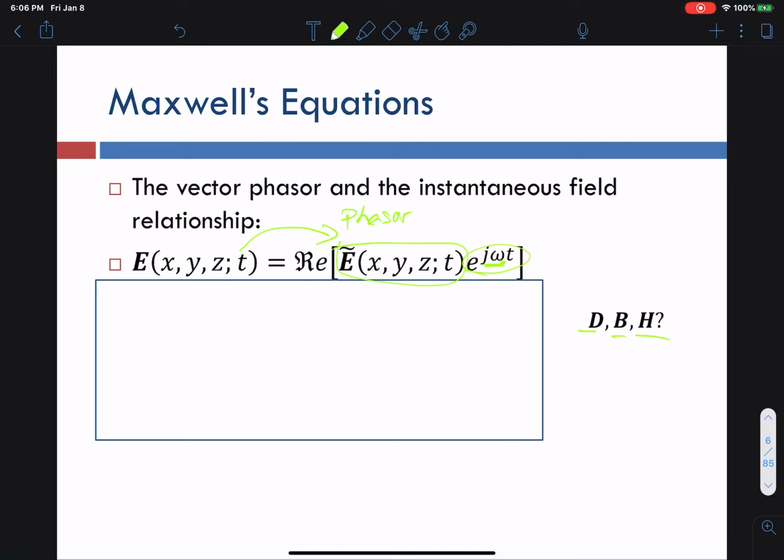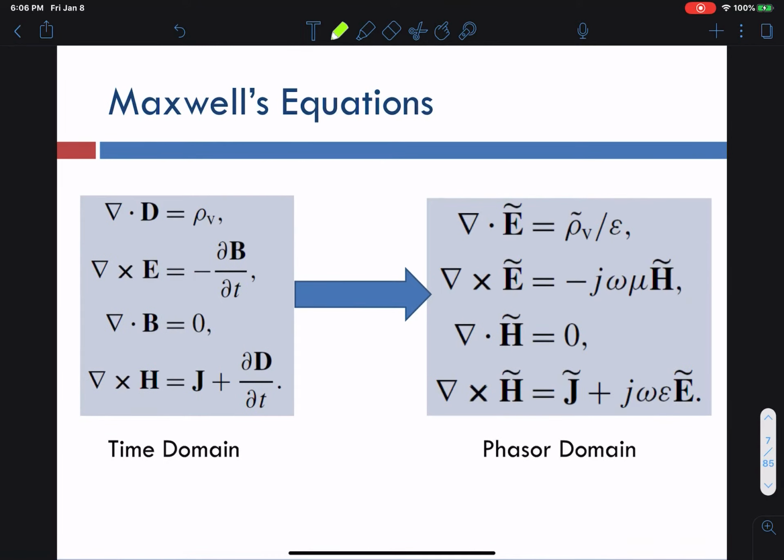All right, so now what are we doing here? How can I go from time domain to phasor domain? I'm going to show you two simple things over here, how it's done, then you'll understand what's going on. So this is time domain, right? If I represent them in phasor domain, I'm going to show you this one first, right?